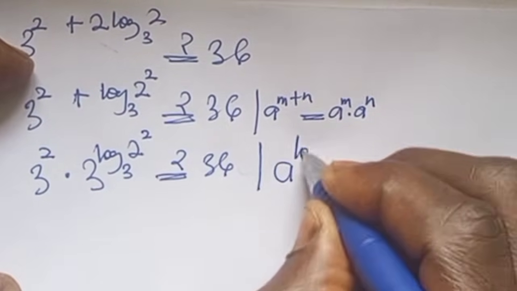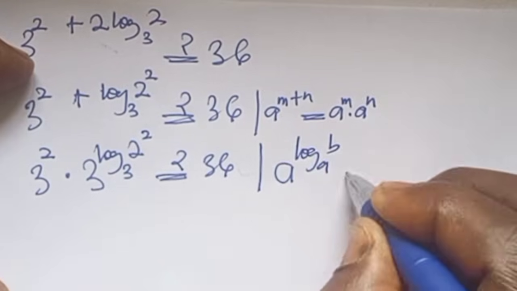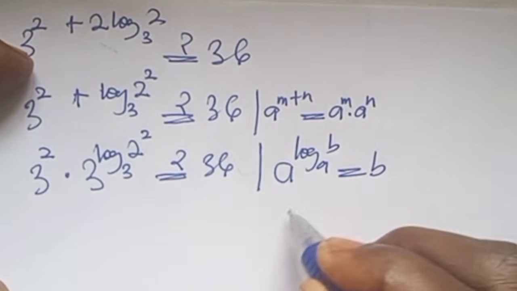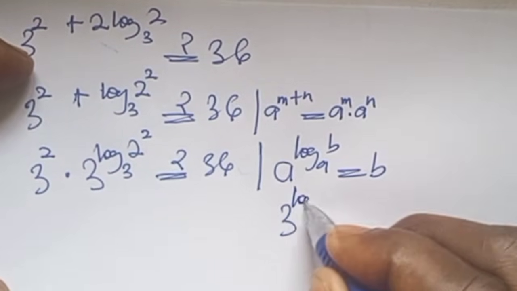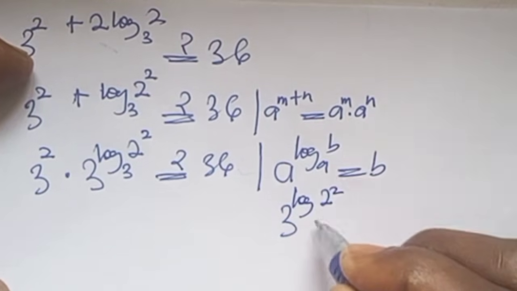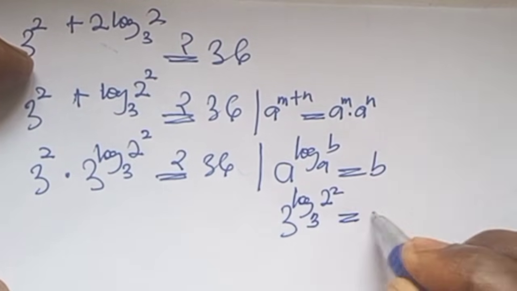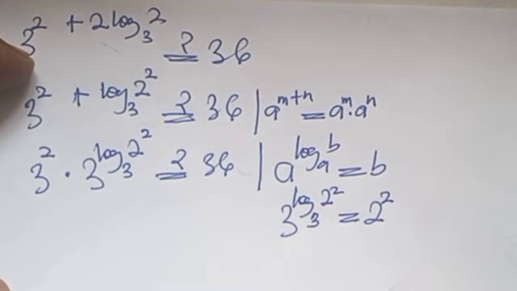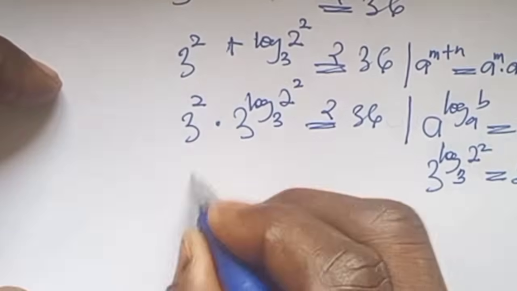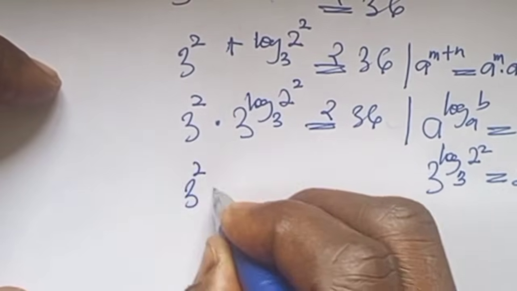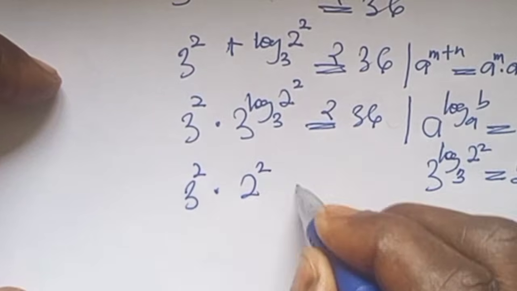But a to the power of log b base a is equal to b. That is 3 to the power of log of 2 to the power of 2 base of 3 will be equal to 2 to the power of 2. So here, what is left is 3 to the power of 2 times 2 to the power of 2.